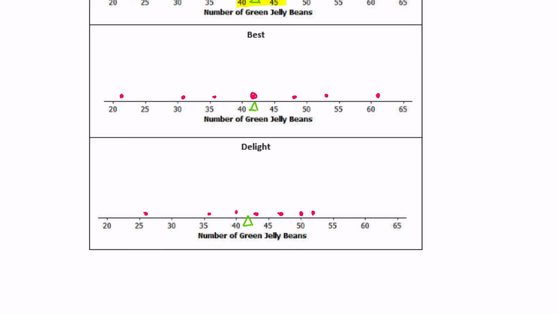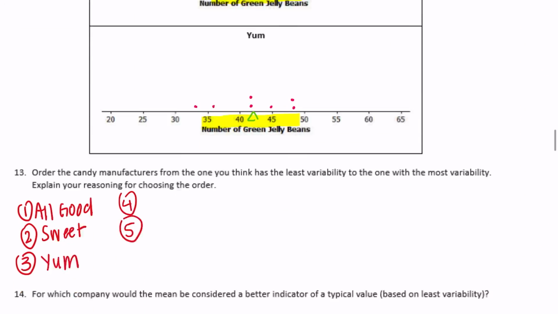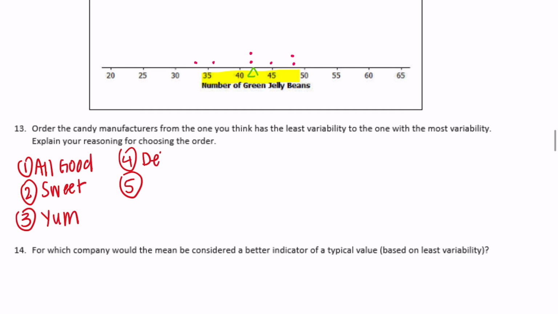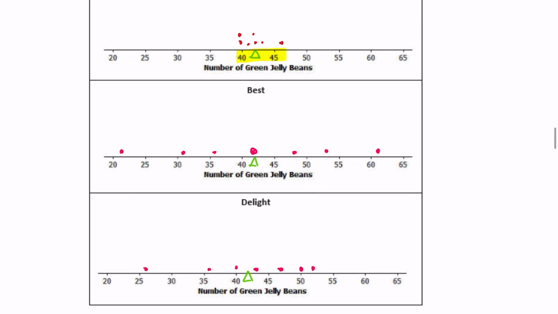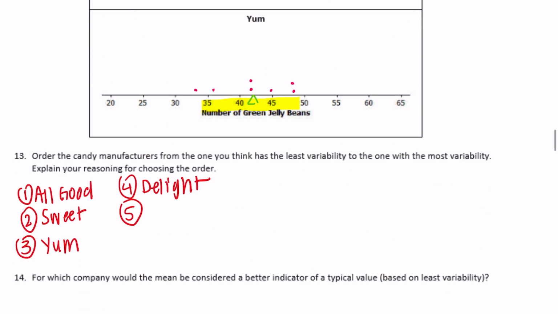It goes all the way from 22 to 62. So I'm going to go with Delight because it's about 26 to 52. So Delight, and then what was that other one called? Best. Best seems to have the worst variability.